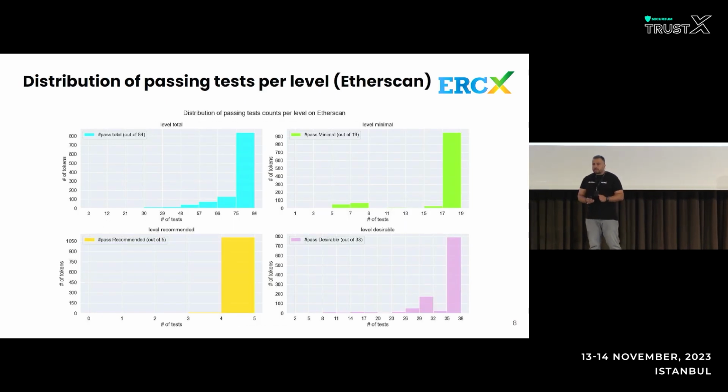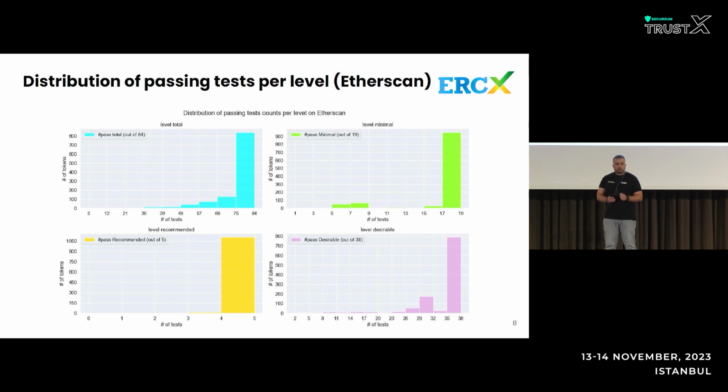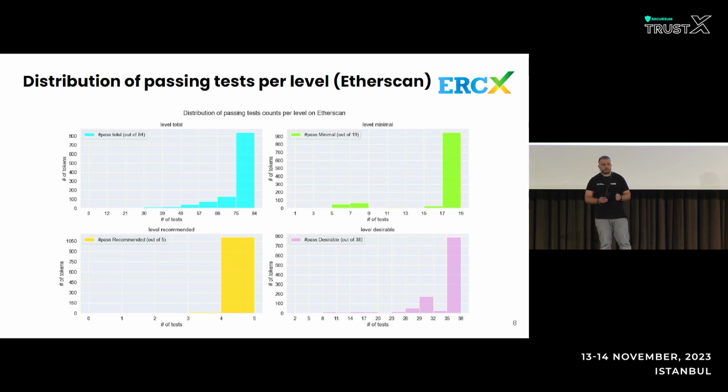Now, trying to understand these discrepancies between tokens, we can split down the previous distributions according to the level of the test. Here you have the split of those distributions according to the minimal, the recommended, and the desirable tests, and you also have the total number of tests. What we can see here is twofold. The discrepancies come from the minimal and the desirable tests, and this can be explained as follows.